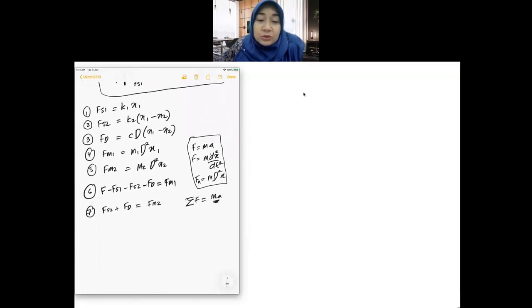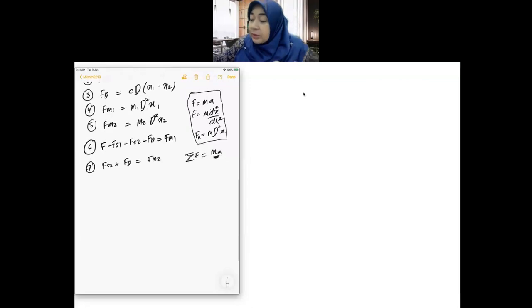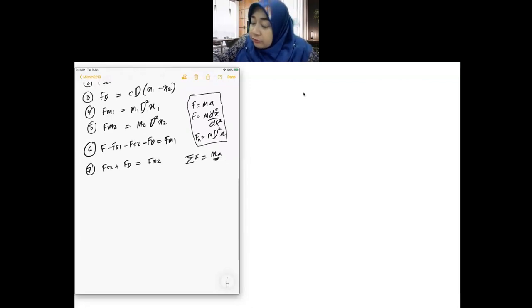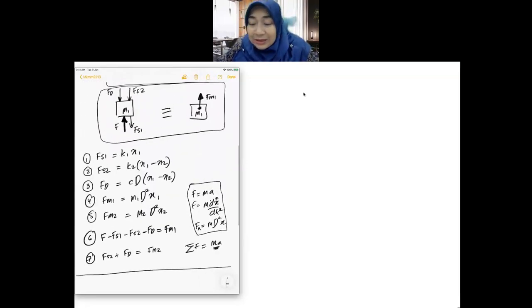Next is number 4, to draw the block diagram representing this system. This is the analytical way of modeling the system. I hope you still remember from your control classes how to draw the block diagram.